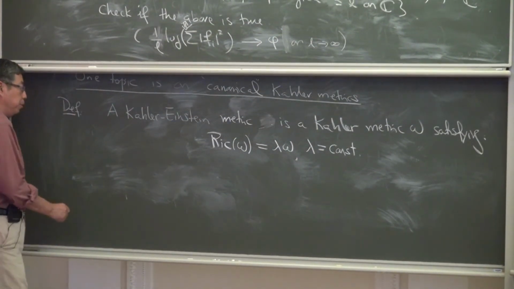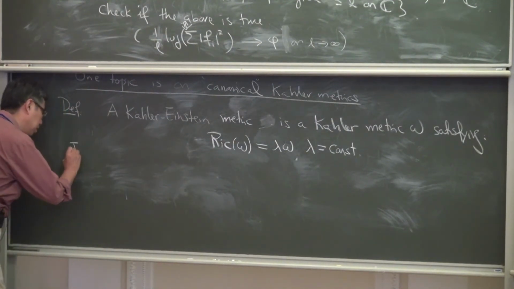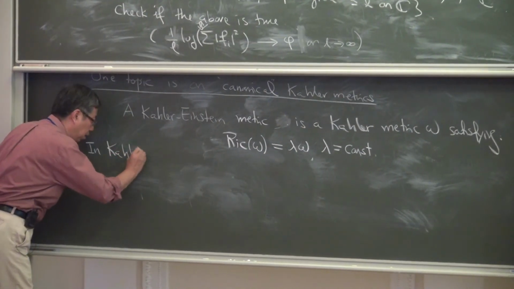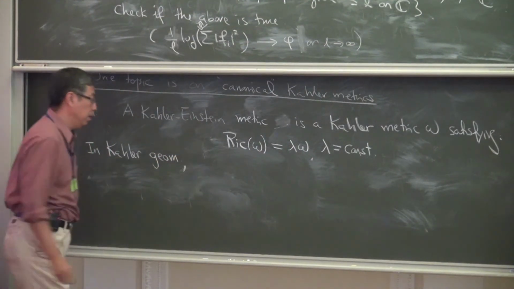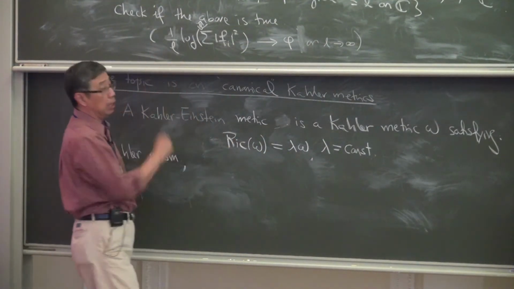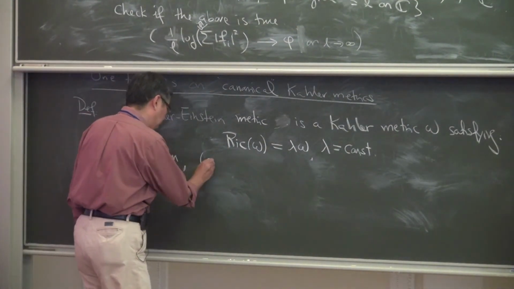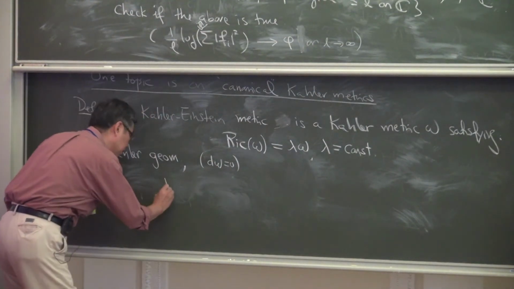So maybe I should say a bit about the curvature here. In Kähler geometry, because of this complex structure, because of this d omega equal to 0 condition, the curvature only has those components.